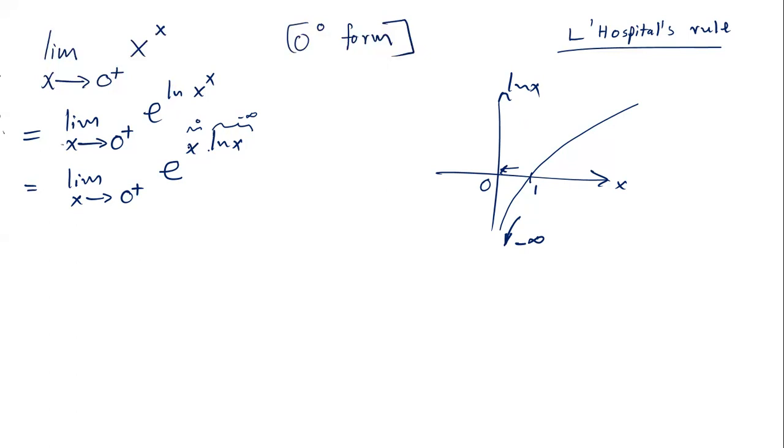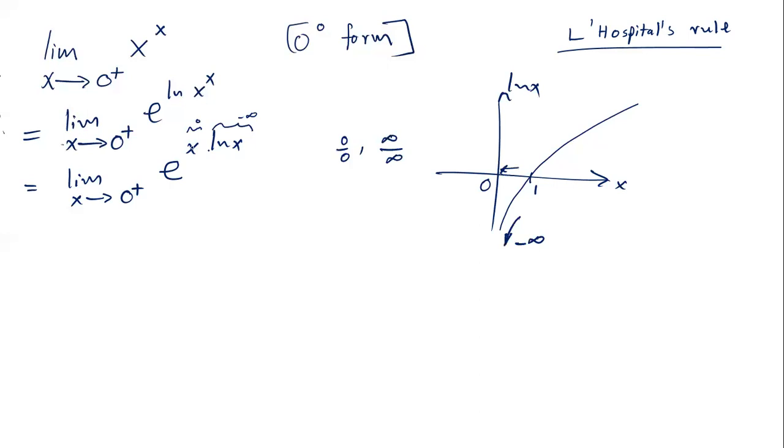So what do we do now? Here we can see a way to use L'Hopital rule, but if you have studied at undergraduate level, we need to make this form into 0 over 0 or infinity over infinity form.